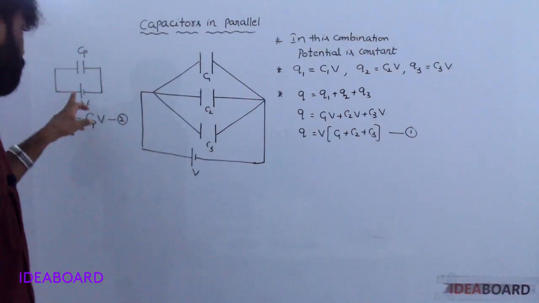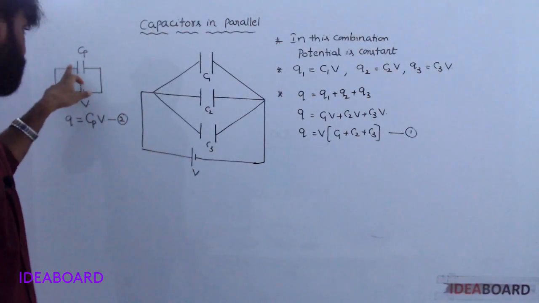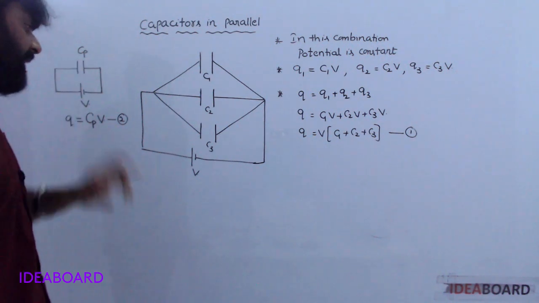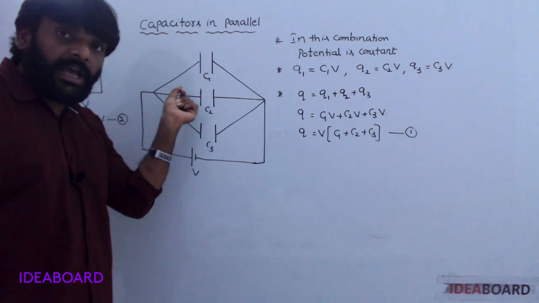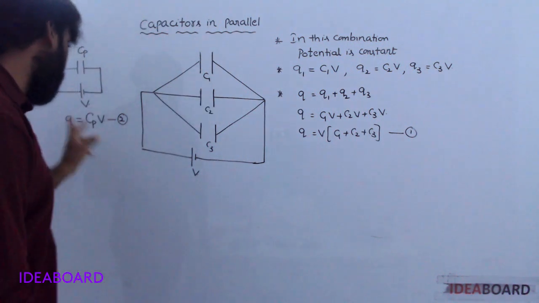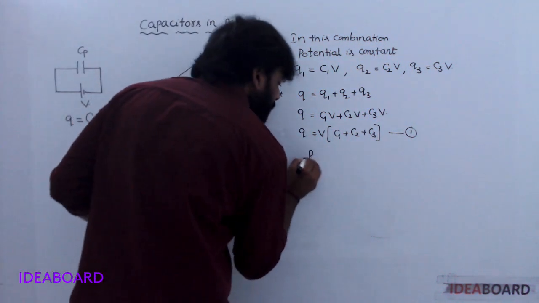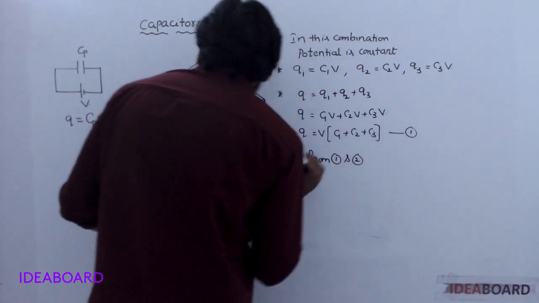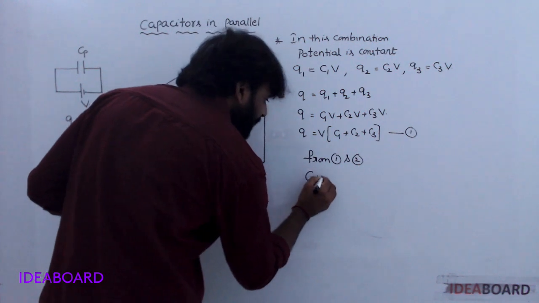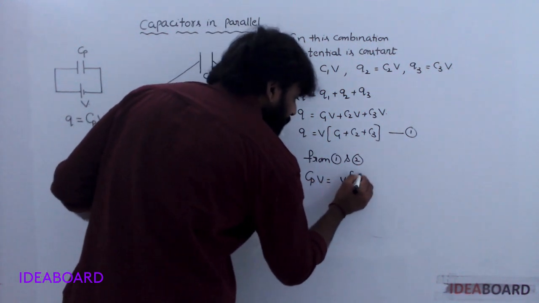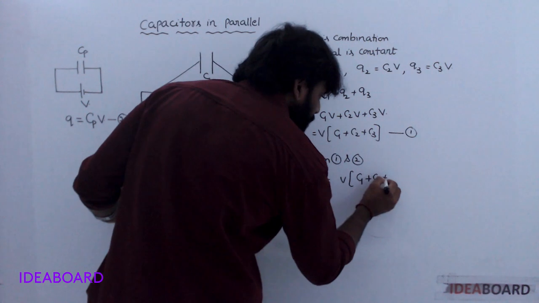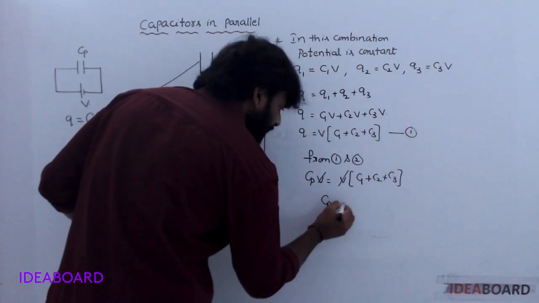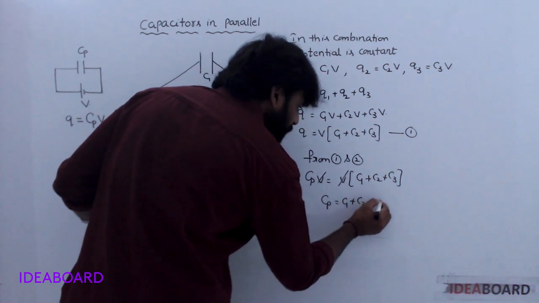That capacitor is nothing but the equivalent capacitor of this combination. From 1 and 2, Cp V equal to V into C1 plus C2 plus C3, so Cp equal to C1 plus C2 plus C3.